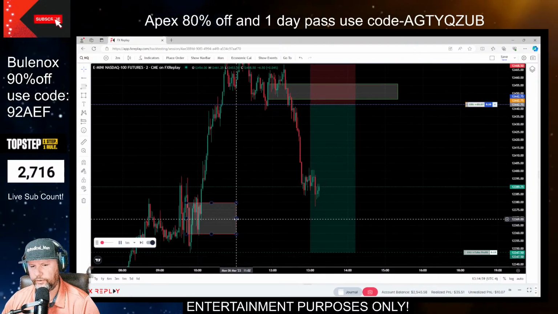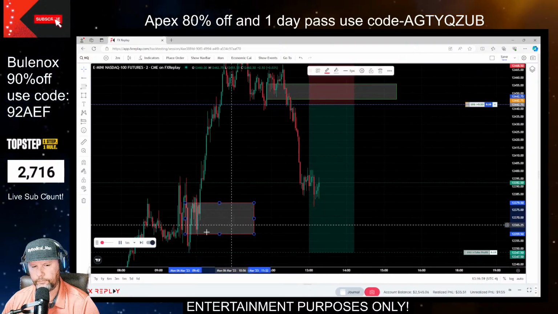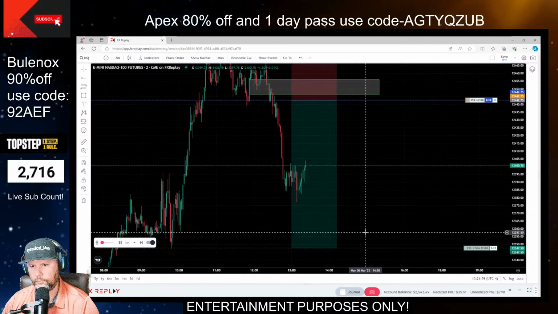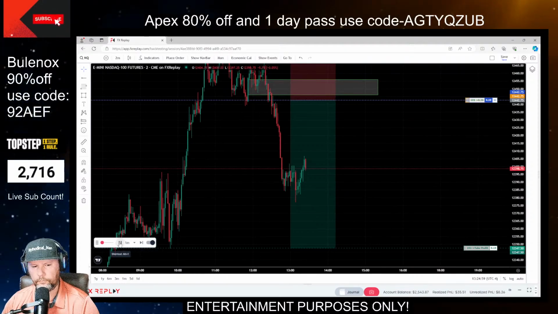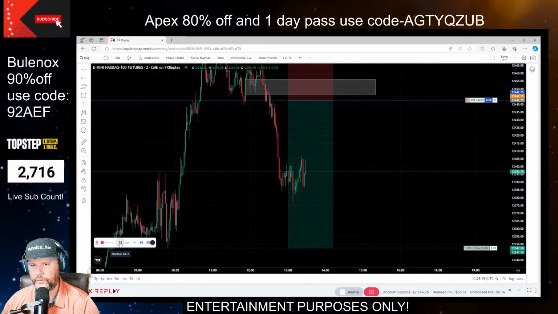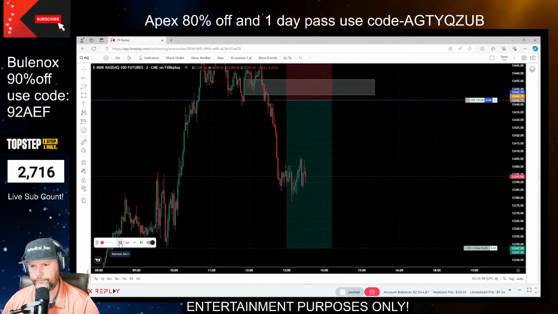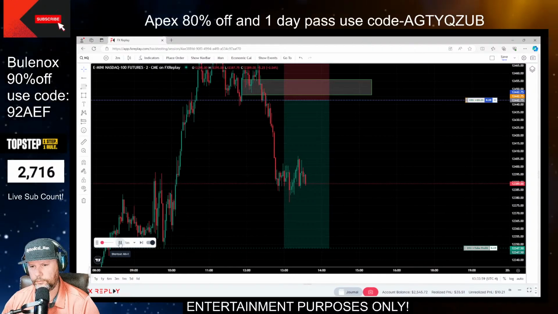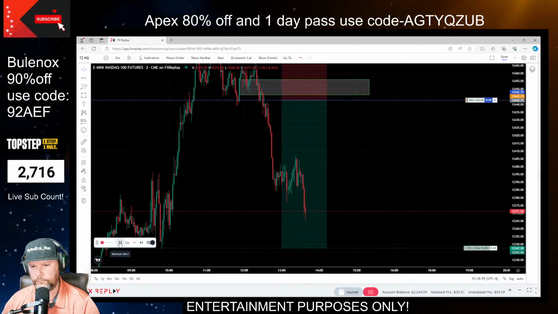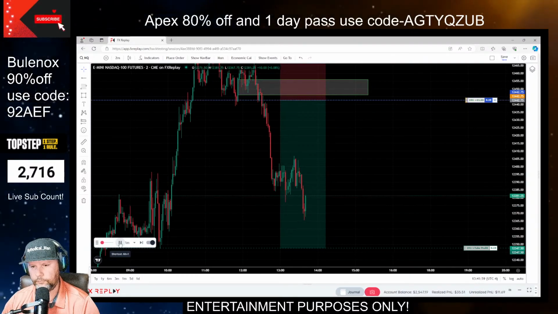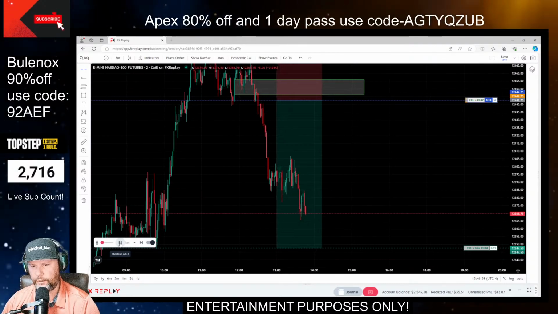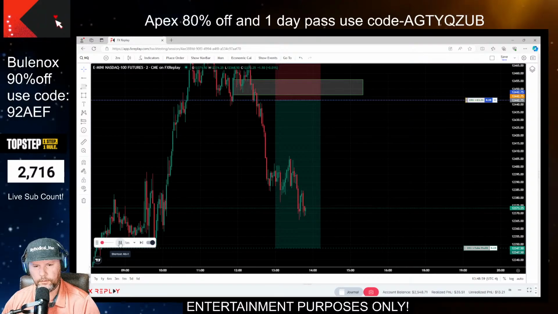Kind of retesting that inversion from earlier. No need to scale anymore. We just have a runner left, 25% of our position at this point. So we just kind of see if it hits our target. I am watching here. If we get some sort of inversion back to the upside, I may just kill the trade, but so far looks good.